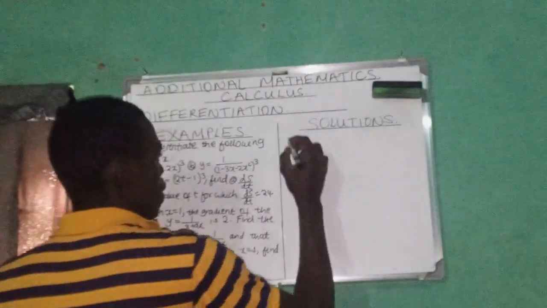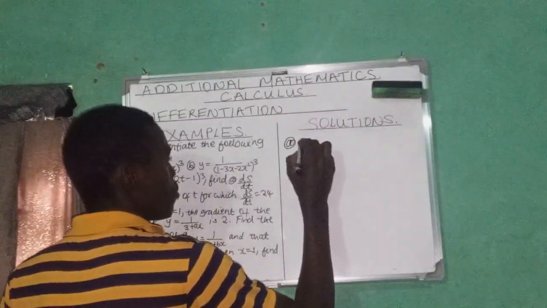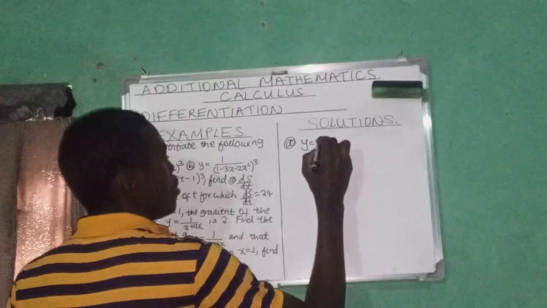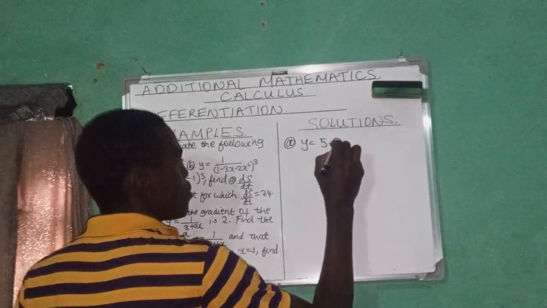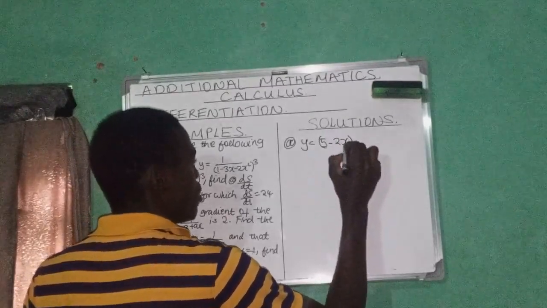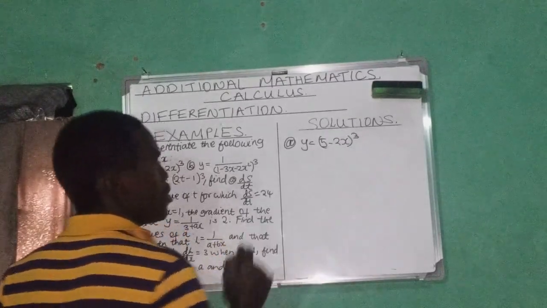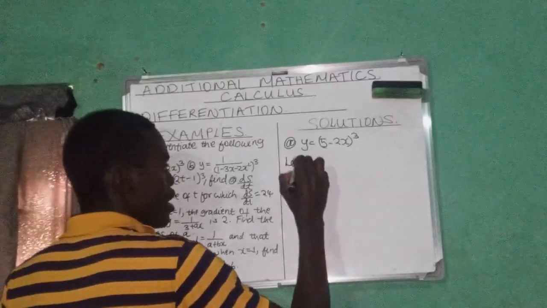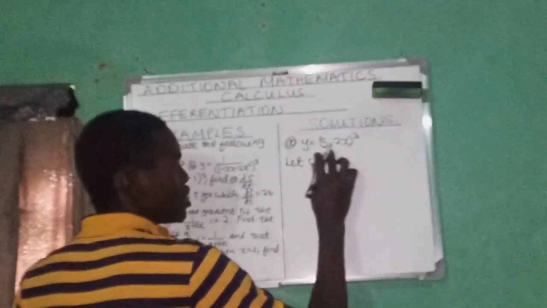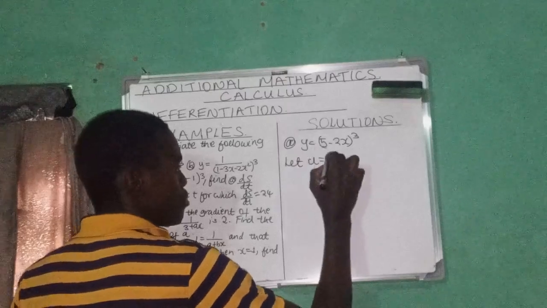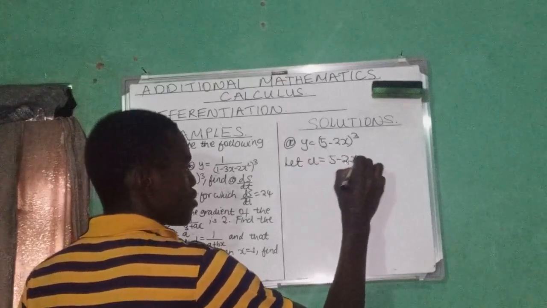Okay? So for a, you have y is equal to 5 minus 2x raised to the power 3. The first step is to say let u be equal to whatever is in the brackets or the parentheses, which is 5 minus 2x.